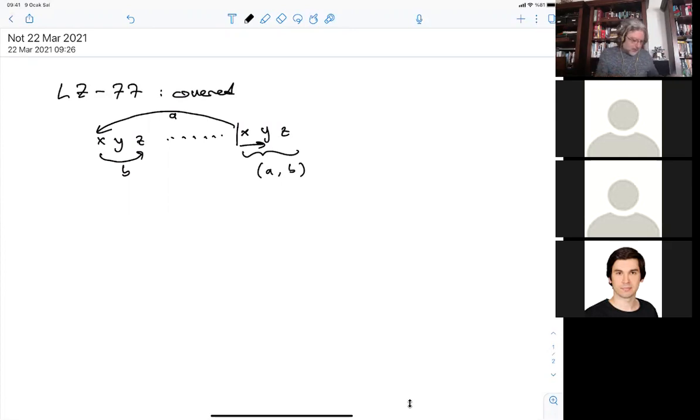The new technique that we will cover today, which is the last thing that we will be talking about under the topic of dictionary techniques, is the LZ78, which was discovered 1 year later. That is where the name comes from. So Lempel-Ziv 78.